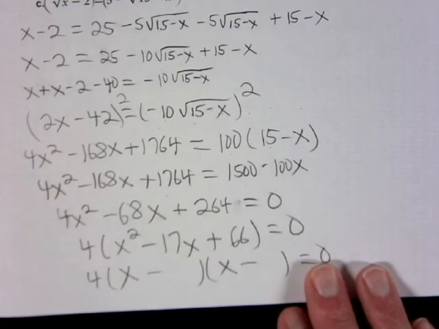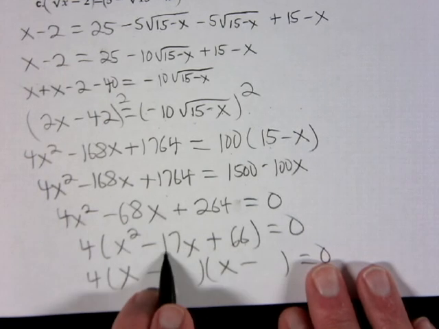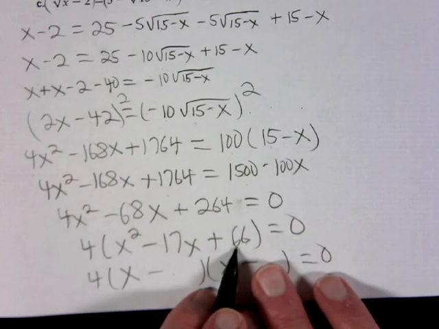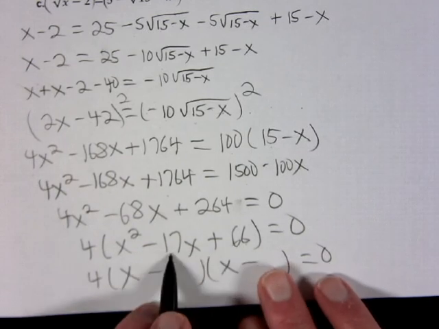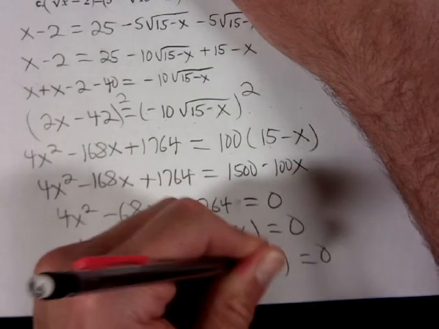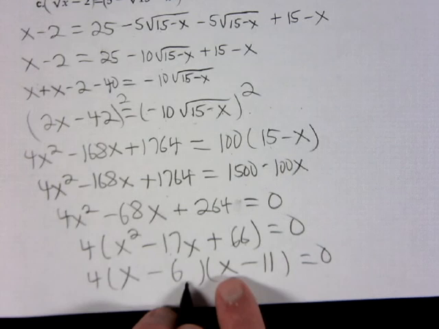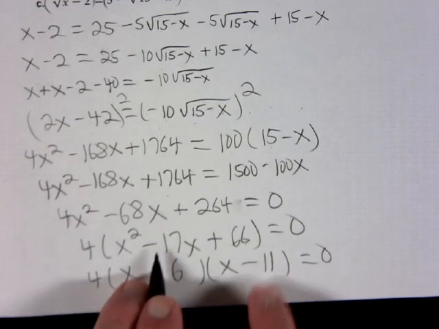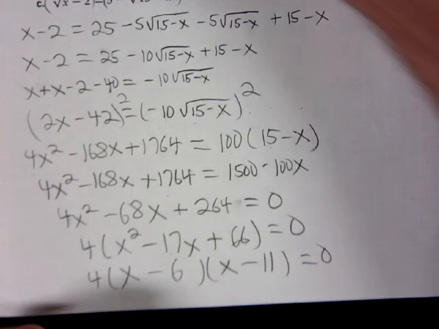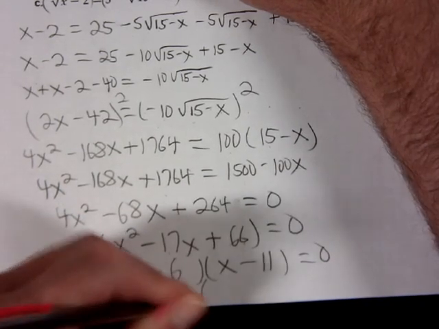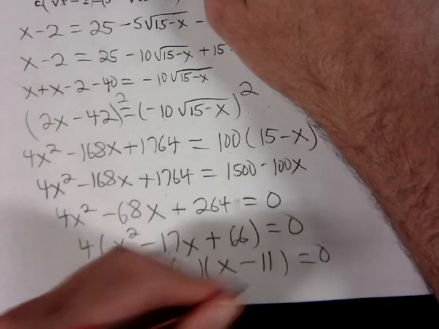That's the only way I can get a positive at the end, and then a 17 here. Now, two numbers to multiply together to get 66, but at the same time they add up to 17. That would be negative 6 and negative 11. So negative 6 times negative 11, positive 66, negative 6x, minus 11x, negative 17x in the middle, and we're good. So that means my solutions are going to be x equals 6 and x equals 11.